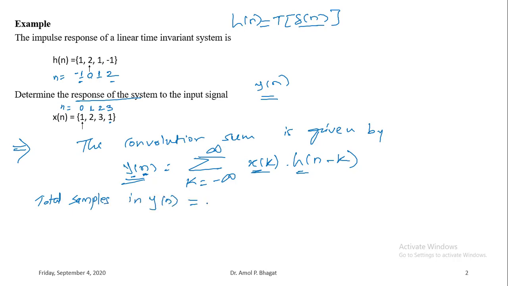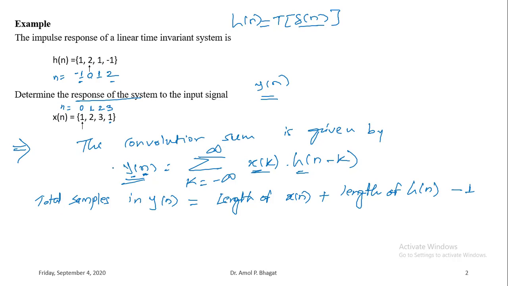So how will you identify it? Simply add the length of x of n plus the length of h of n minus 1. That will give you the total number of samples in y of n.